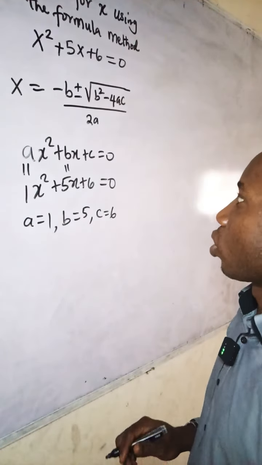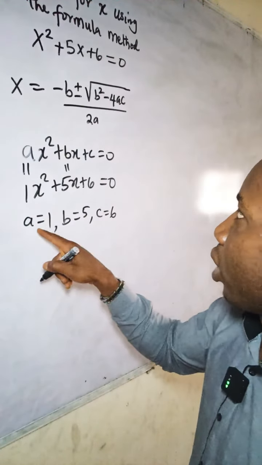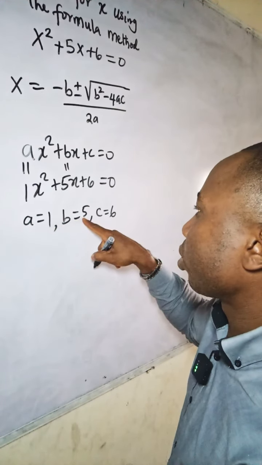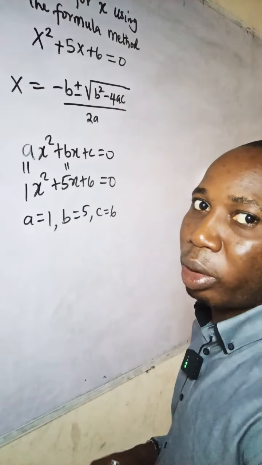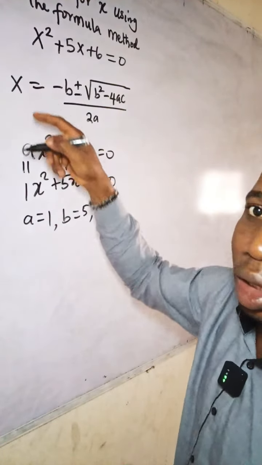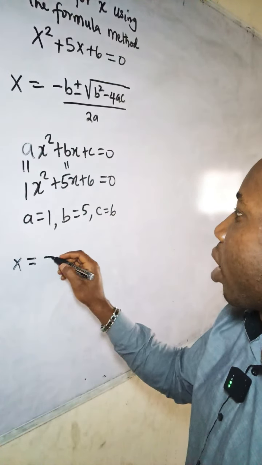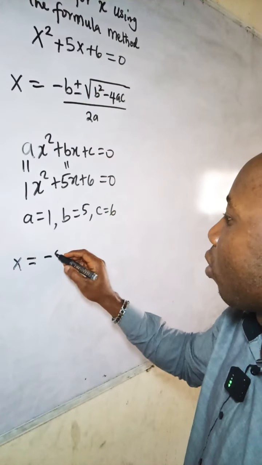Is that okay? So from here, anywhere we see a in this formula, we're going to replace it with 1. b, we are replacing it with 5. And then c will be replaced with 6. That means our formula will now become x equals minus, instead of b here, it will now become 5.